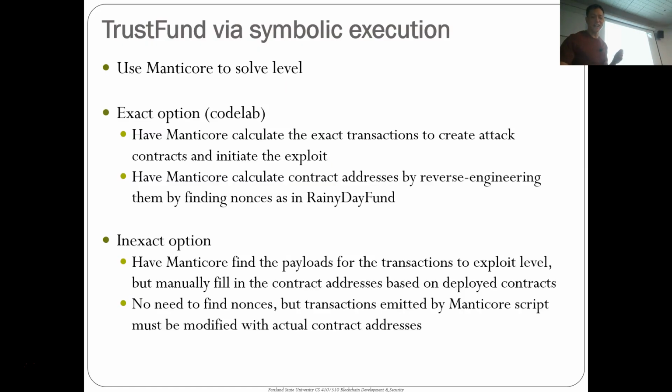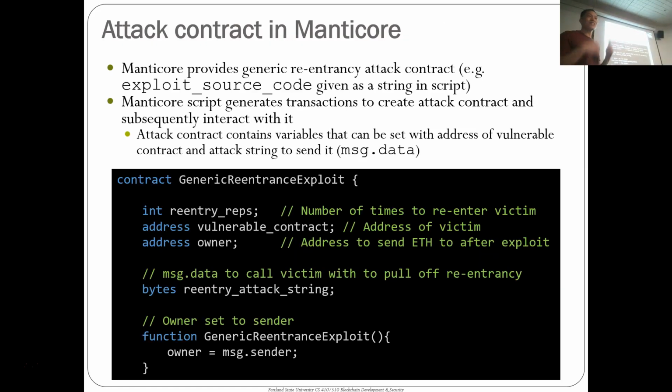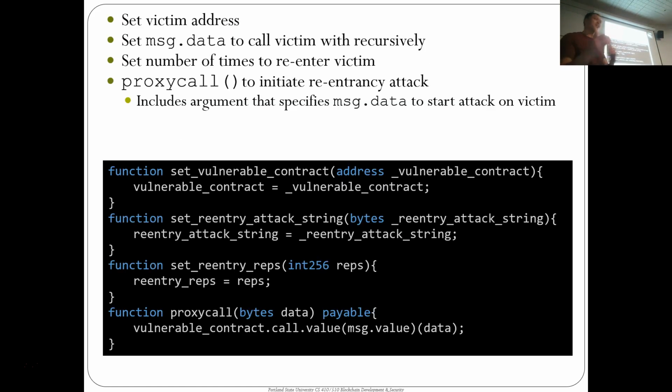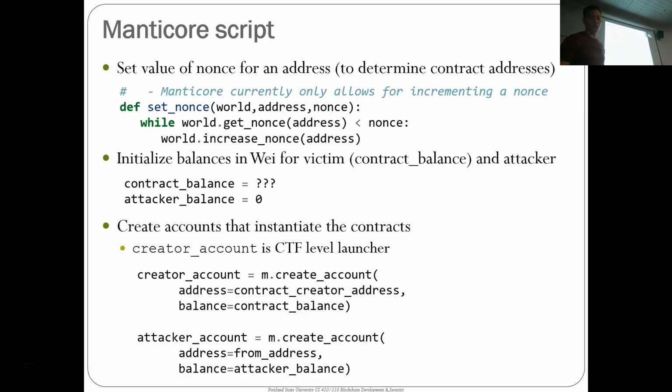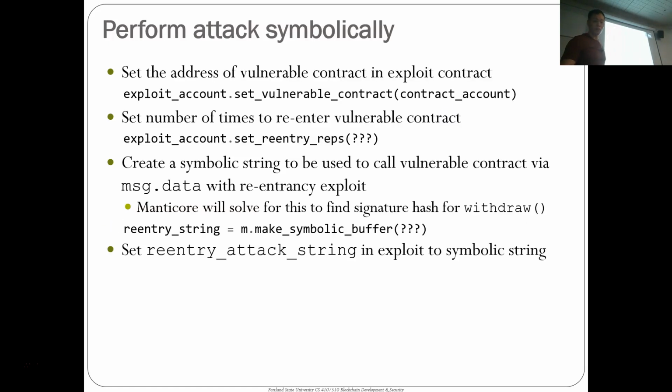I want to tie it back into how the thing is done. So where are you injecting that symbol? It's really good to understand that part of it. You're setting up the entire EVM state, and you're saying the thing I don't really know is the actual reentrancy string. Let me have Manticore solve that for me. And that's the whole part of this exercise.